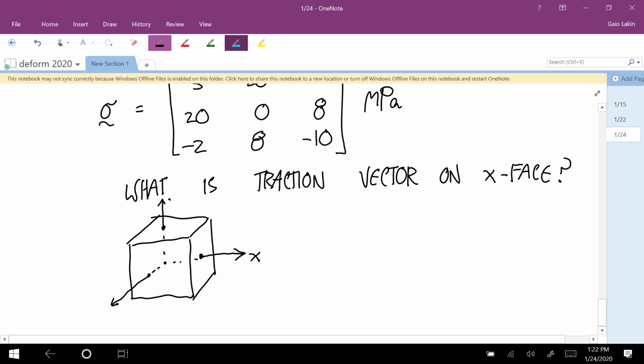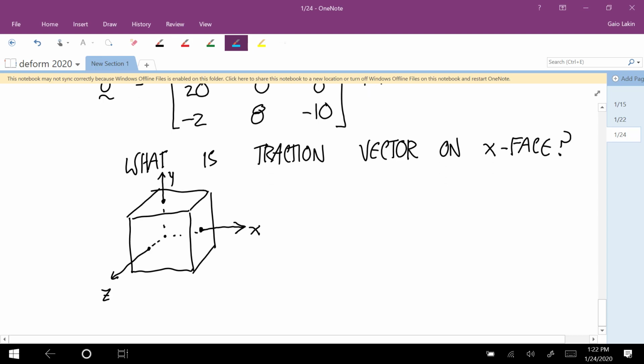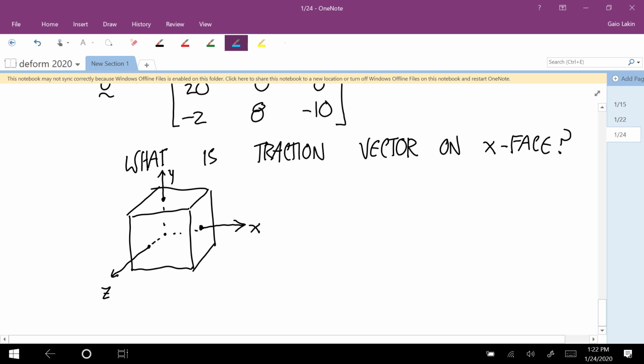This is the X, the Y, and the Z. So what would a unit vector be in that direction?